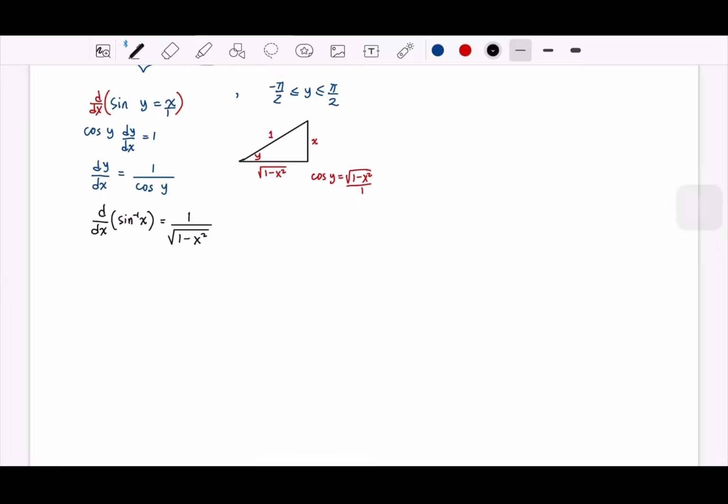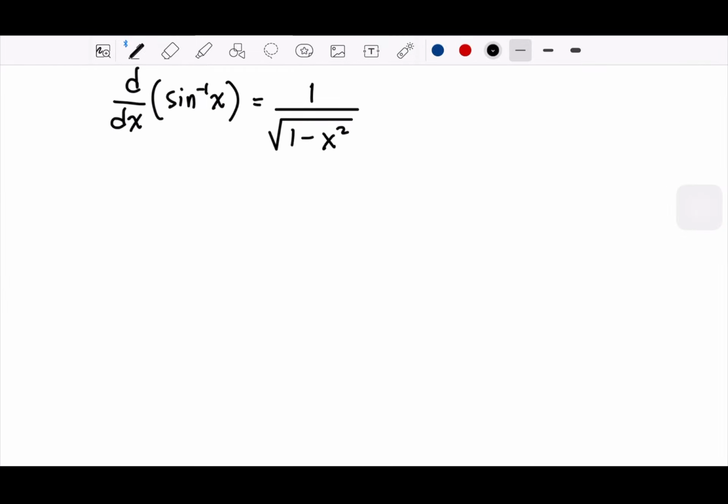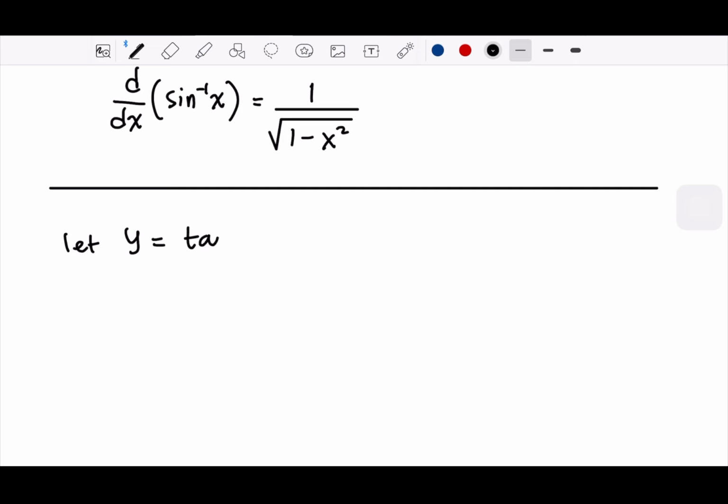Now, let's say we have y equal tangent inverse x. Maybe I'm trying to give you sometimes to try by yourself.